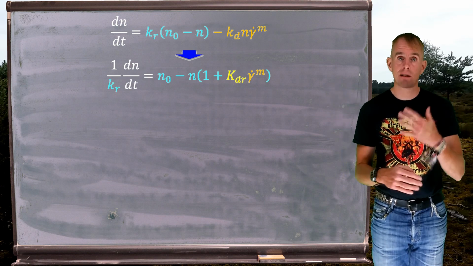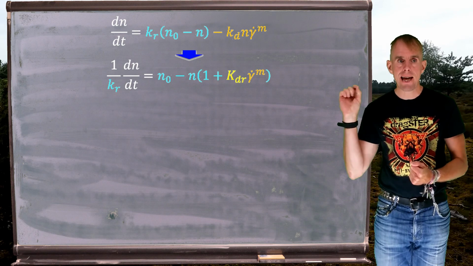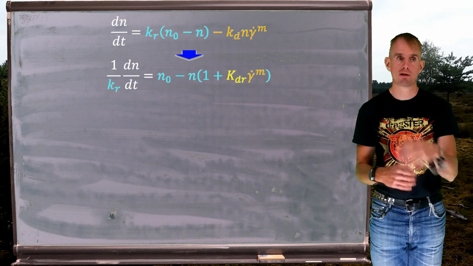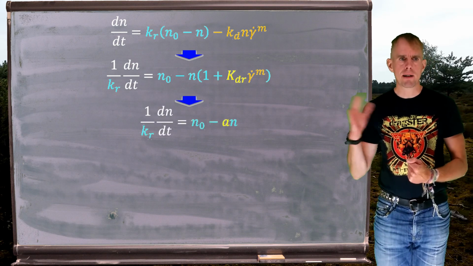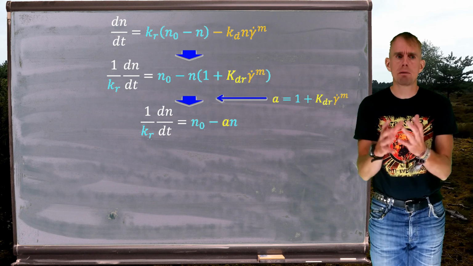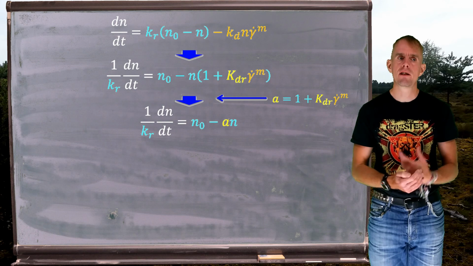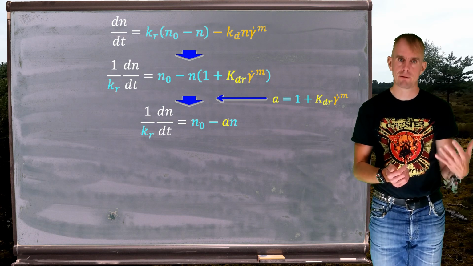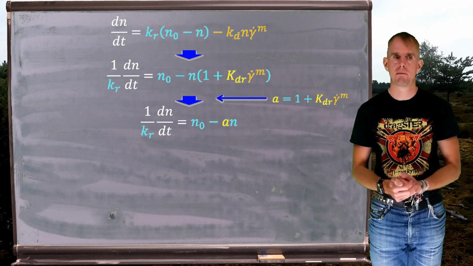KdR here is my material timescale, that equilibrium constant if you like. n is what I'm interested in, and n naught is the initial number of interactions, so that too is a constant. So, with a little bit of rearrangement, and grouping together a whole bunch of constant terms in the parameter a, I can see that 1 over kr, my reformation timescale, times dn by dt on the left hand side, is going to be equal to n naught minus an.